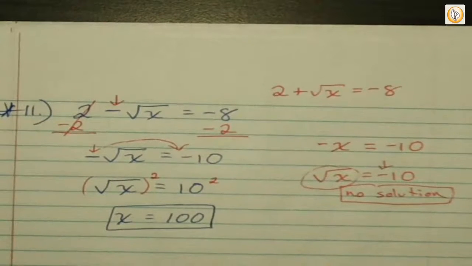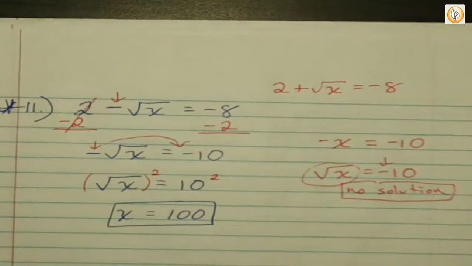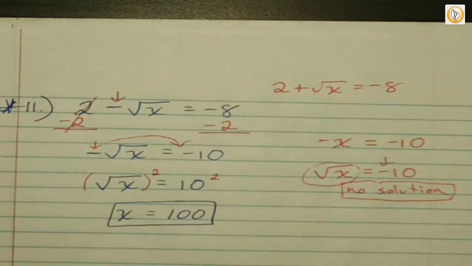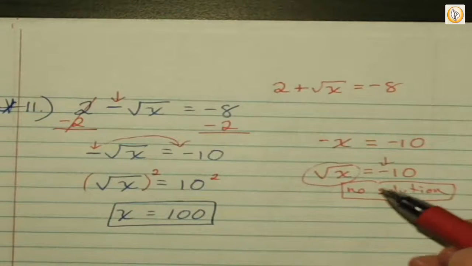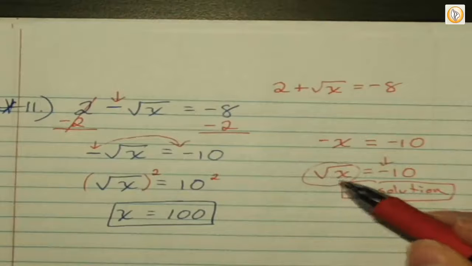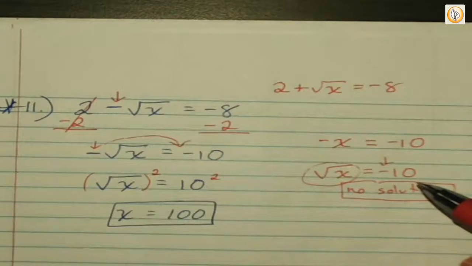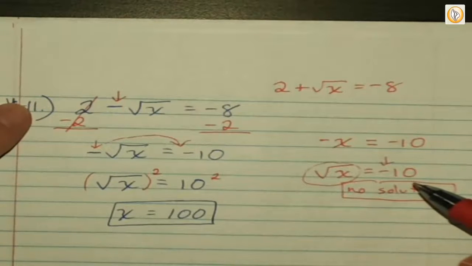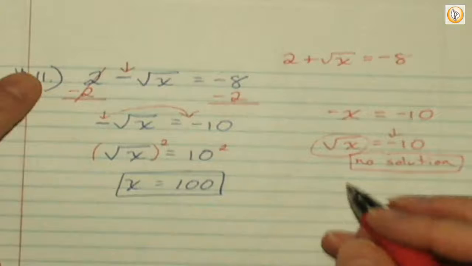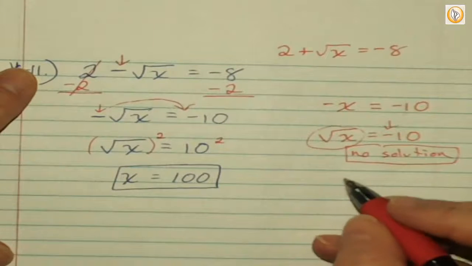Because you can still solve it. You square them both and get 64, so x equals 64. So why would that be no solution? If we square them both, this would be x equals 100, right? Exactly. Should we try it? You want to try it?